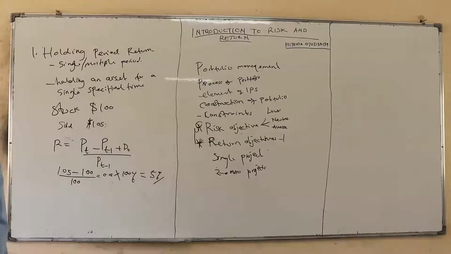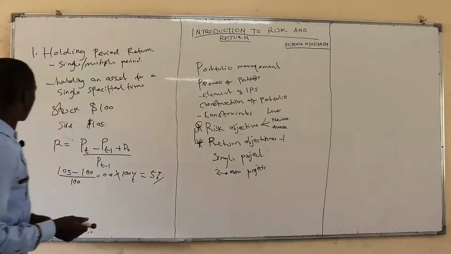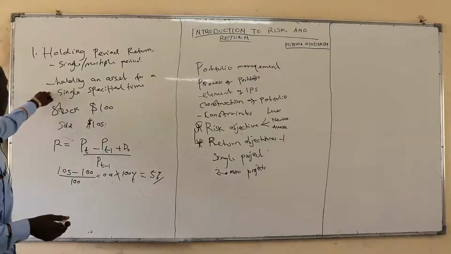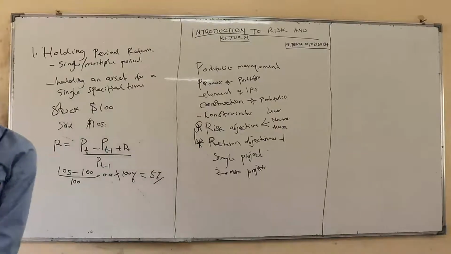So this is the formula of calculating the holding period return, and holding period return simply implies the earnings or the returns earned from an asset for a single specified period. It could be 1 year or 2 years.